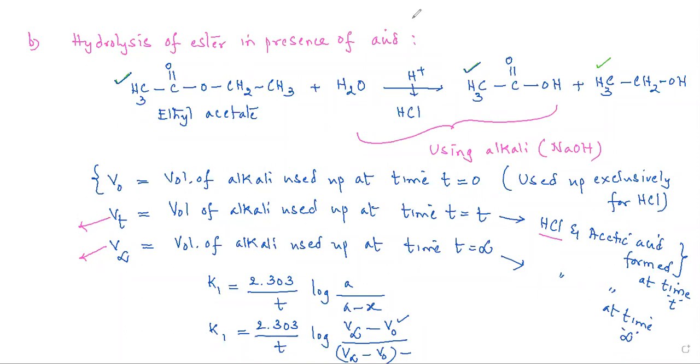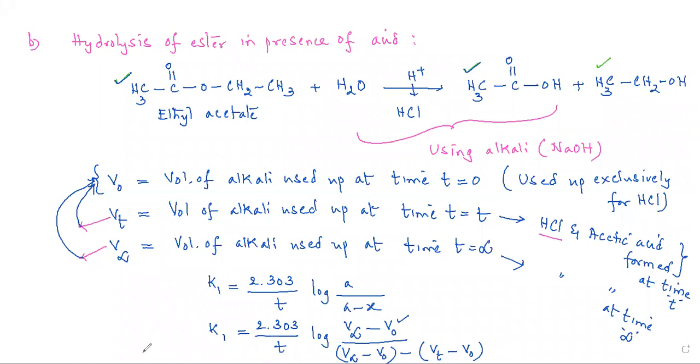So for that sake, let me actually take it this way. Even in that also I would like to subtract V naught. Is that okay? So A is V infinite minus V naught. Every time subtract V naught, because that involves HCl.